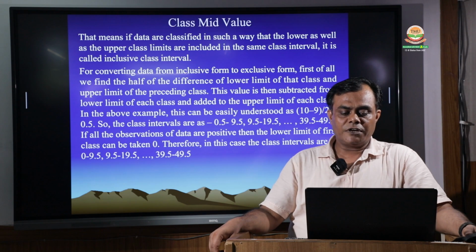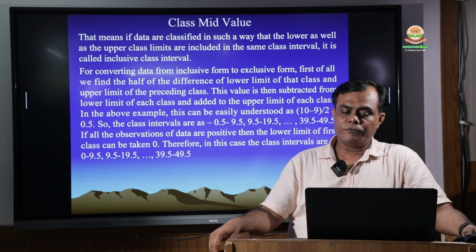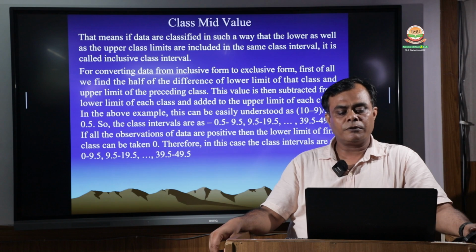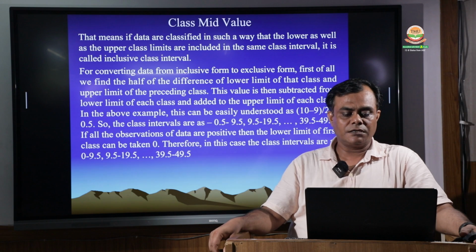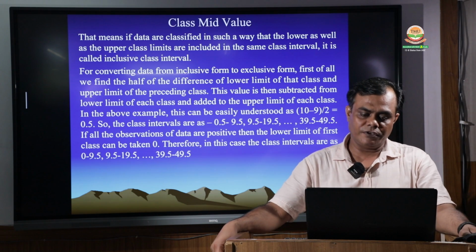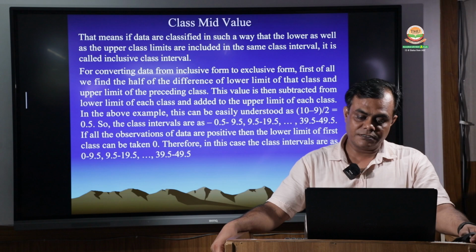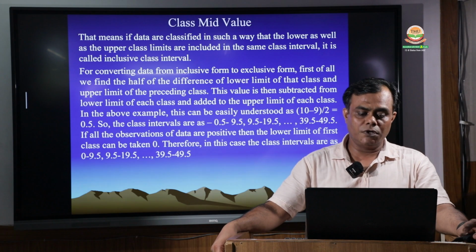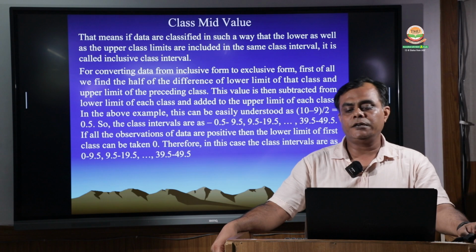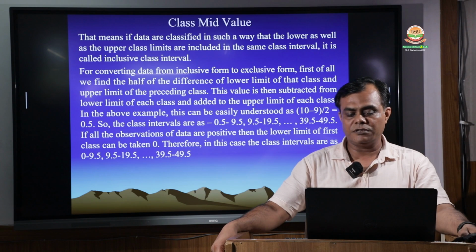For converting data from inclusive to exclusive, first of all we find half of the difference between the lower limit of the class and the upper limit of the preceding class. This value is then subtracted from the lower limit of each class and added to the upper limit of each class.